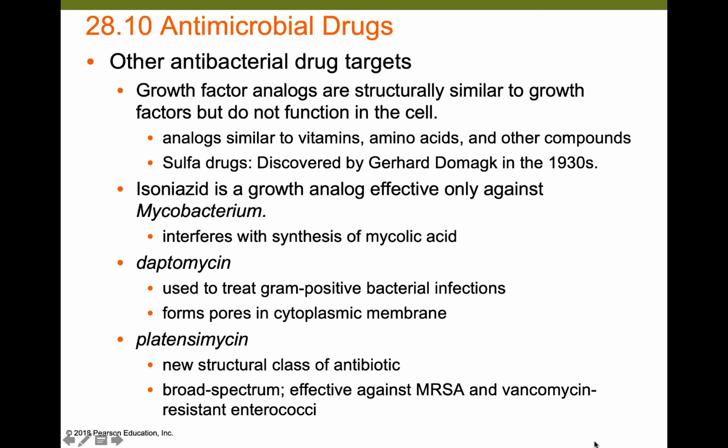This drug in particular targets some of the steps involved in the fatty acid biosynthesis of gram-positive cells. They use a slightly different fatty acid composition than some of the gram-negatives, and so it has shown efficacy against some of these otherwise antibiotic-resistant gram-positive infections like Staph aureus and the enterococci.